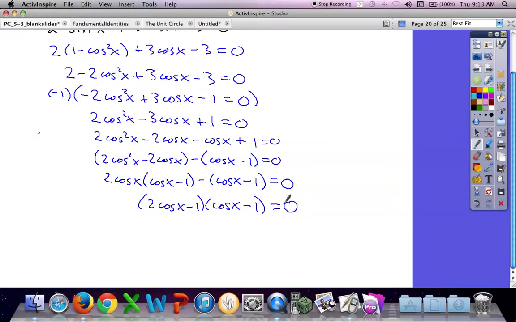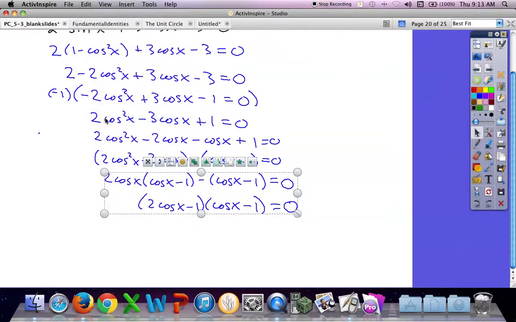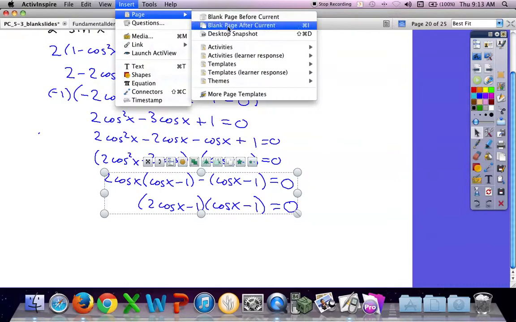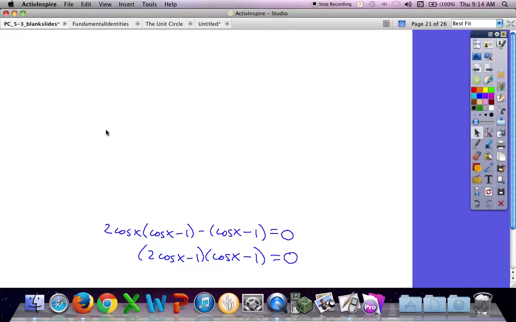And because this is running on so long, let me try to do this trickery. Sometimes it grabs too much, but that's okay. And now I'm going to do edit, copy, and insert page after, edit, paste. There we go.